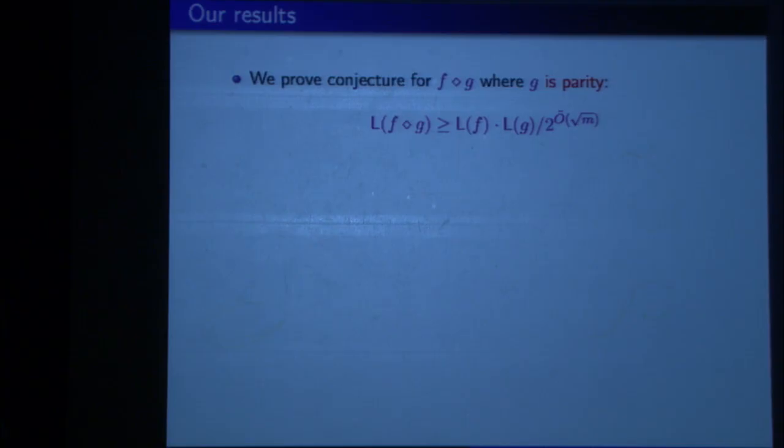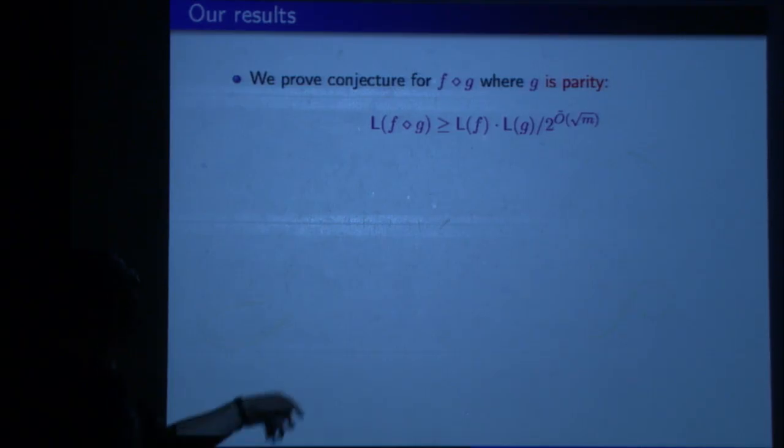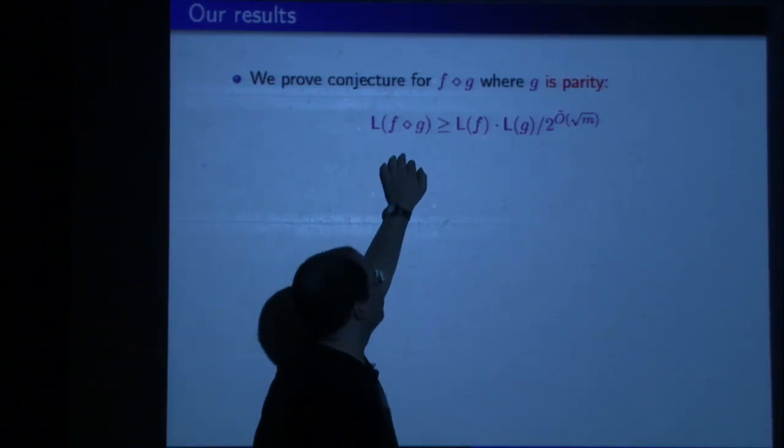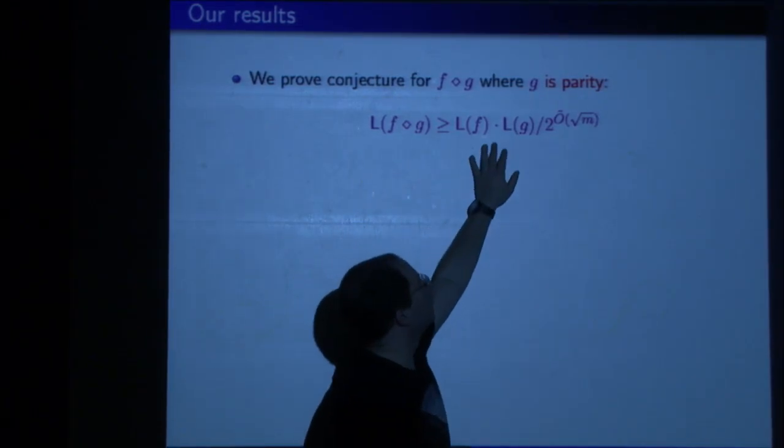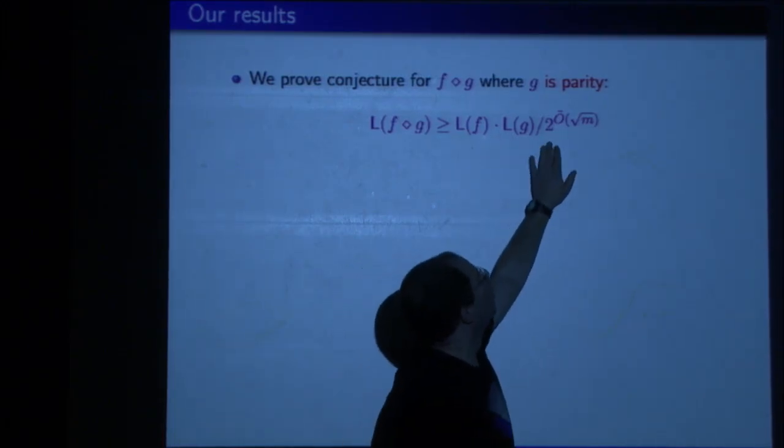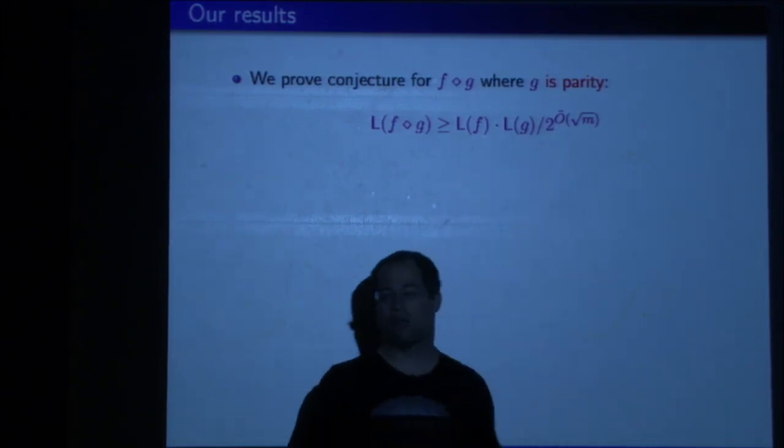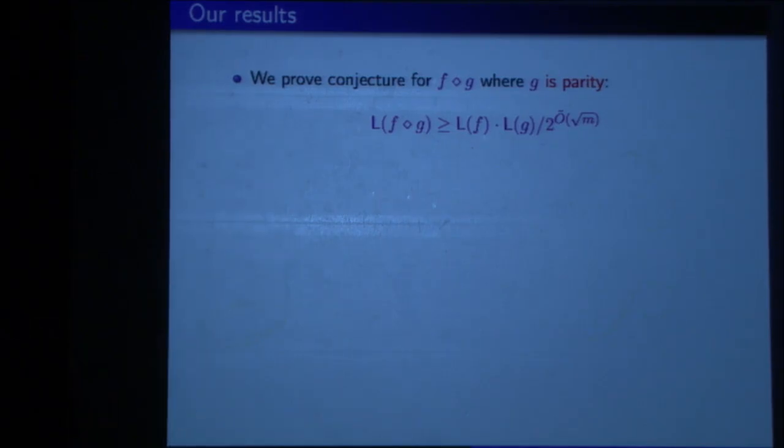So in this specific special case, we prove some sort of KRW conjecture. We prove that the complexity of the composition is at least the product of the complexities over a factor of 2 to the square root of m, which is a very large factor, but it's not too bad for our context. m is the input length of f.